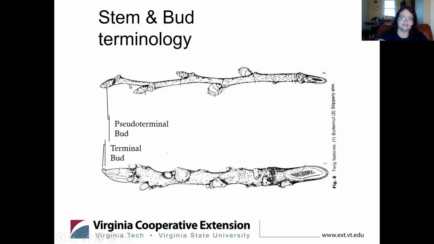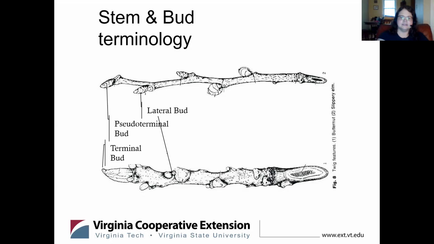Pseudo-terminal bud, so you see it's kind of off-center. There's a leaf scar here. You can actually see these little dots, and those are the vascular bundle scars. Some species you can see that and some you can't. So the terminal bud is right on the tip, and the pseudo-terminal bud is kind of offset right where a leaf was the previous growing season.